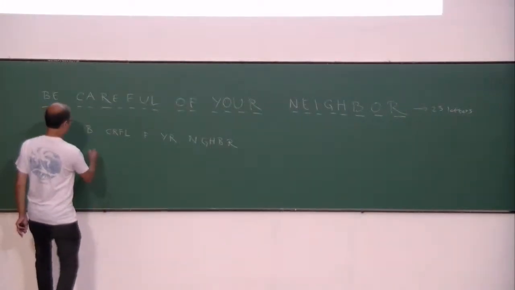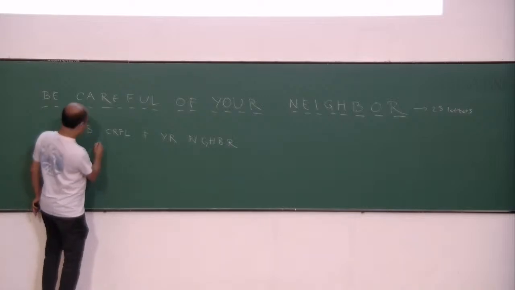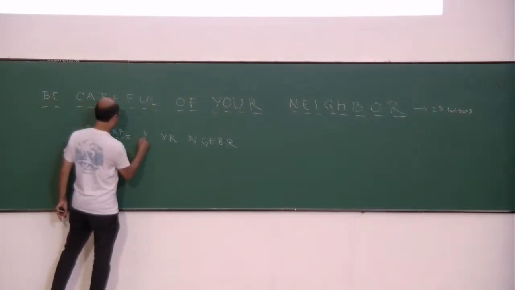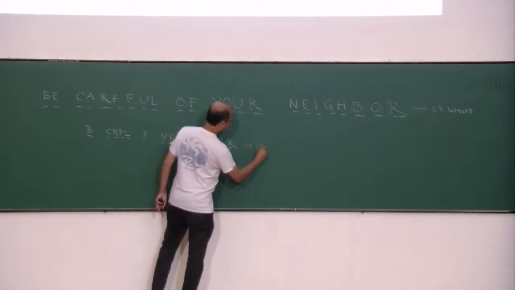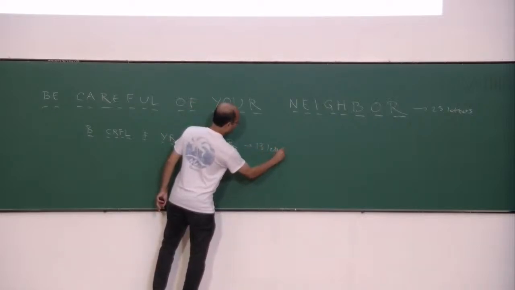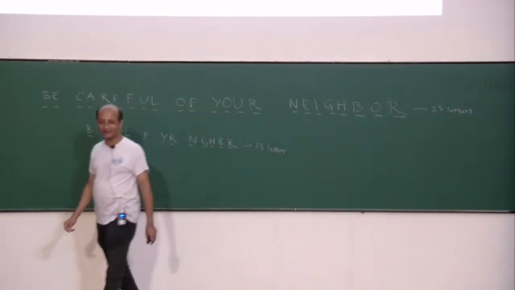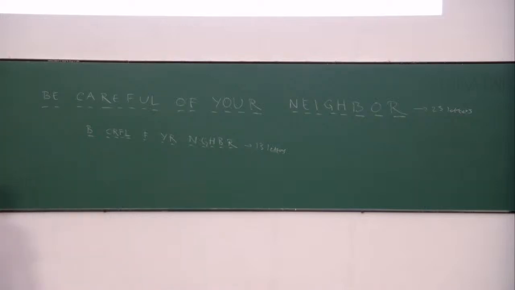So instead of 23, 1, 2, 3, 4, 5, 6, 7, 8, almost reduced it by half. Okay. So this is not a serious data compression algorithm. Actual data compression algorithms are much more sophisticated than that. But you can see that there's a lot of redundancy which we can try to get rid of.